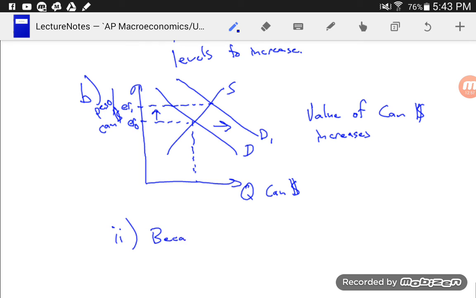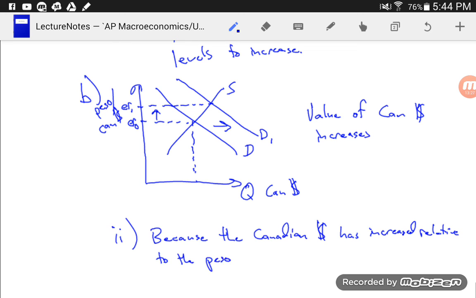So because the Canadian dollar has increased relative to the peso, and you should probably write that, relative to the peso, that makes Canadian goods and services more expensive.